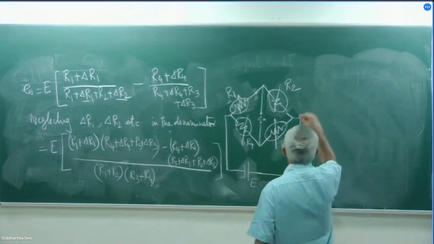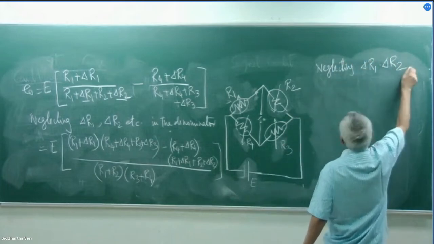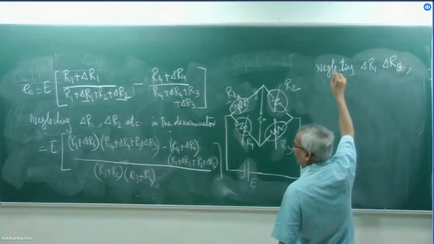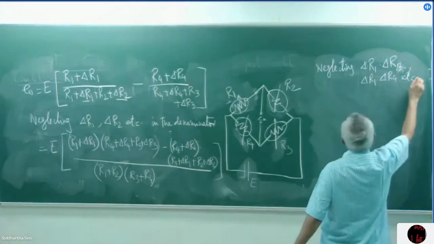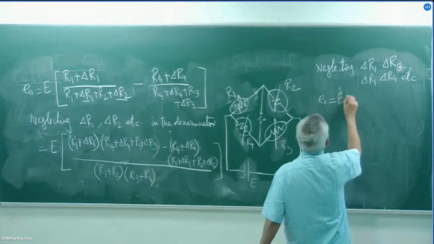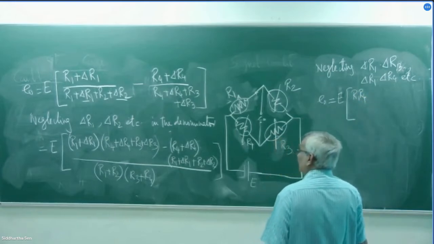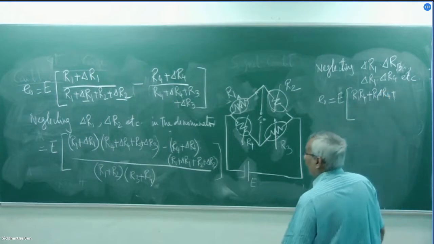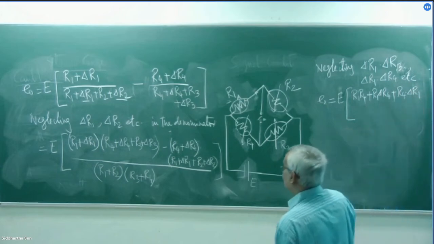But what we can do is neglect the products of two increments, say delta R3 into delta R3, delta R4 into delta R1, etc. So what we can say is E0 is equal to E into R1 R4, then plus R1 into delta R4 plus R4 into delta R1, then what remains?